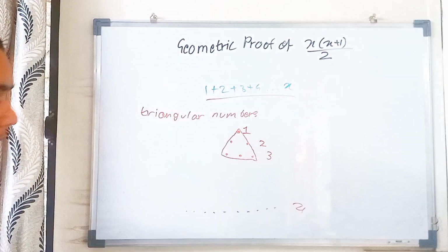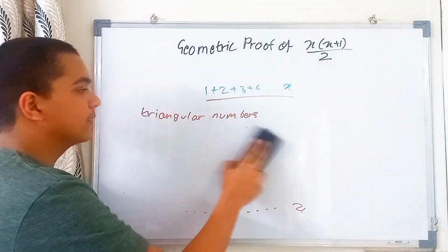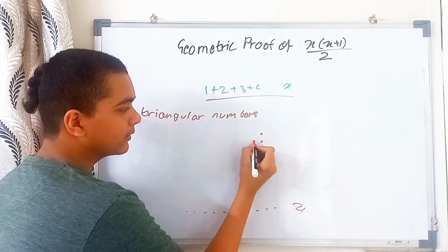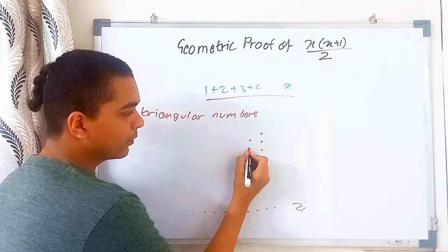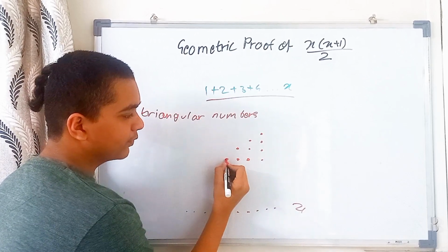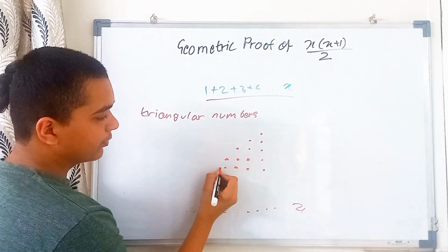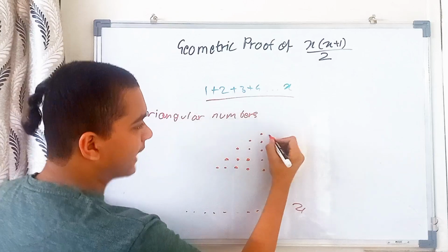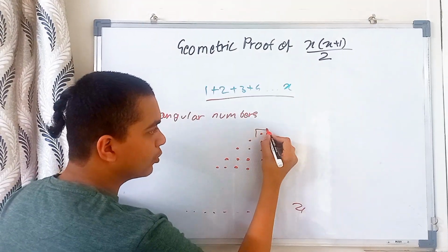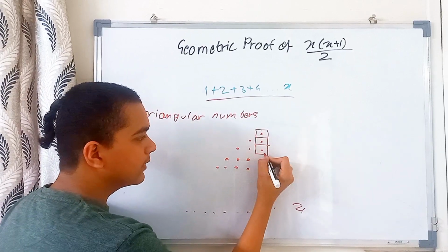And you can see that it forms a triangular shape, and that's why they're called triangular numbers. But if you decide to make a grid-like structure for these triangular numbers, you can arrange them like this: 1, 1 2, 1 2 3, 1 2 3 4, 1 2 3 4 5. You get this right angle triangle. But to make it in a grid-like format, we give an area of suppose 1 unit per dot.